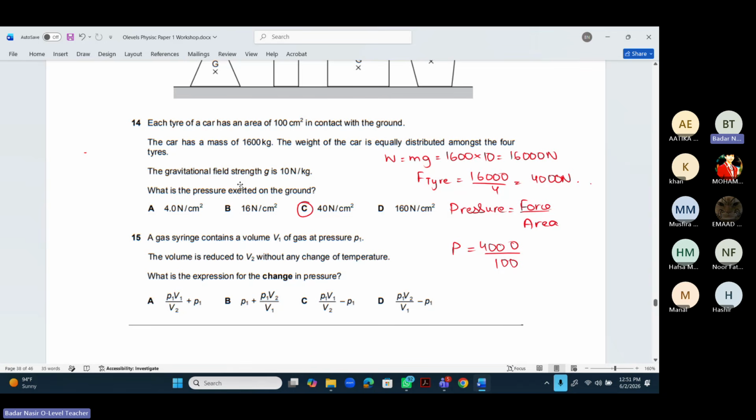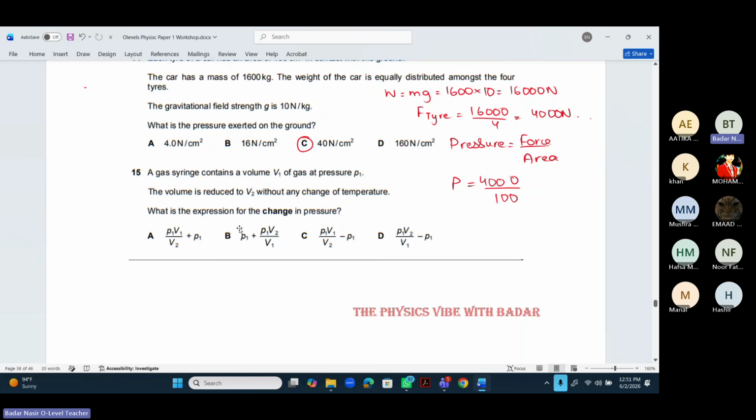Okay, a gas syringe contains a volume V1 of gas at pressure P1. The volume is reduced to V2 without any change of temperature.